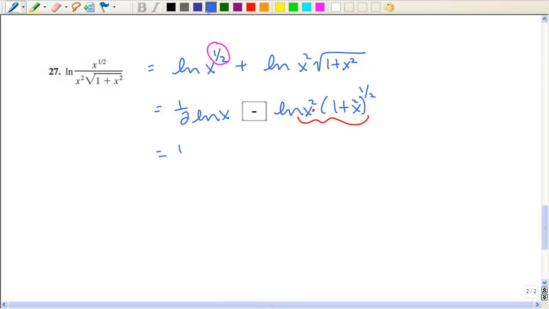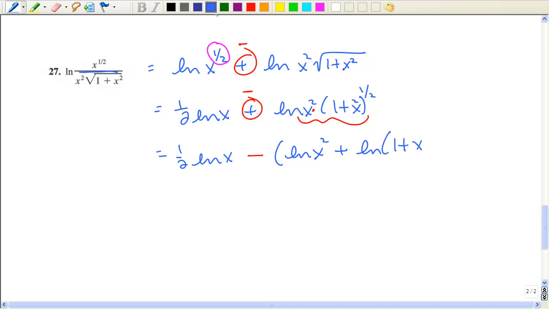So I can expand this some more. And look at the mistake that I've already made. This was division, so this needed to be subtraction. All right, so now I'm going to subtract, and now I need to subtract all of this. And that should be plus because we do have a product. And then keep going.